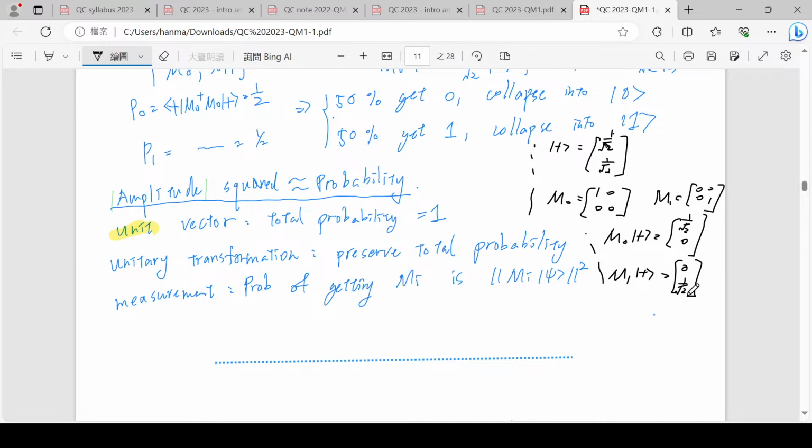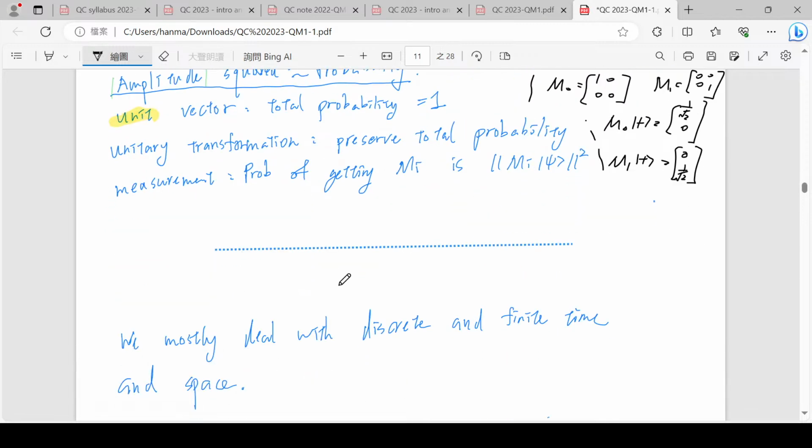So we can write this subnormalized state as the square root of the probability times your state. To see your actual state, you normalize it back to a unit vector, and you can calculate the probability from its norm squared. Sometimes it's useful to write the subnormalized state as square root of probability times the normalized state.